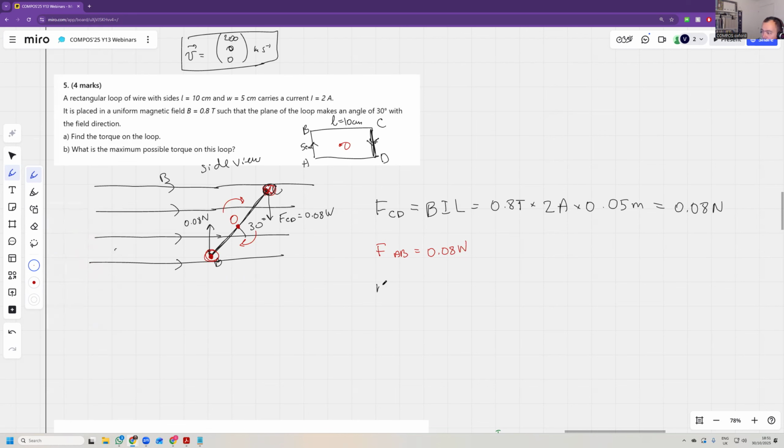Okay, so the moment, well, in our case, CD is perpendicular to the field, so theta is 90 degrees. So we don't need sine theta.